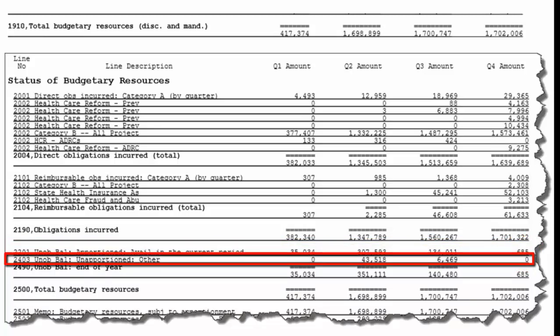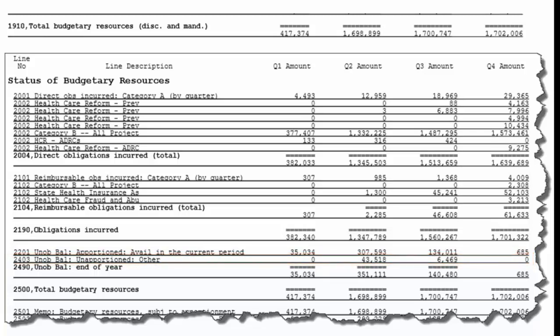Line 2403 reflects resources that had been unapportioned until the fourth quarter. This suggests that ACL collected more funds than apportioned through the third quarter and then received a reapportionment in the fourth quarter.